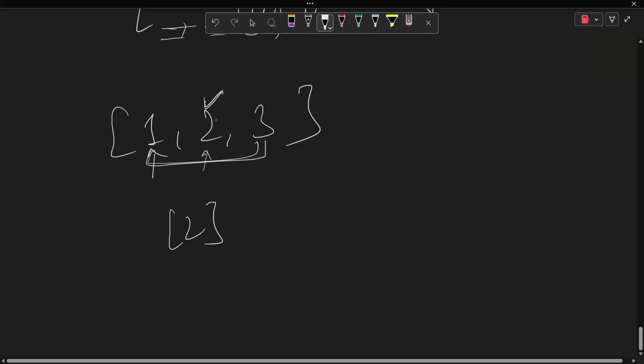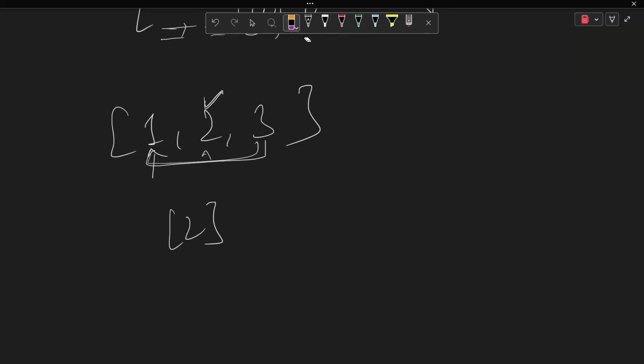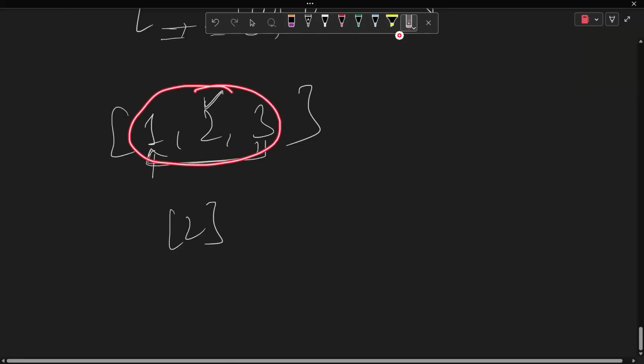Let's see for this one, what we can do. We want to reduce this whole array to 1. If we pick all 3 elements, we would get 2, so we would never pick all 3 elements. Then what can we do? If we pick any subarray of size 1, that would not make any difference.